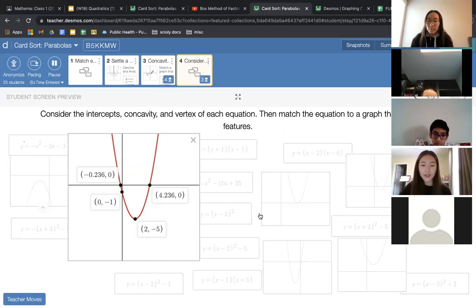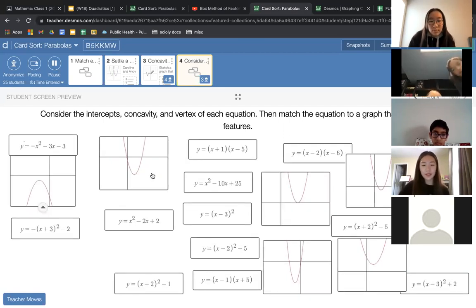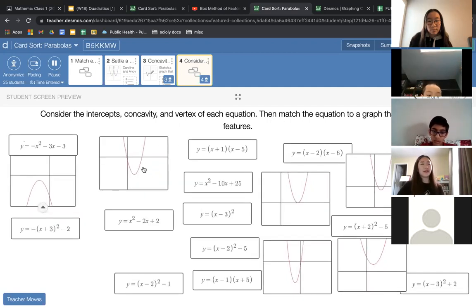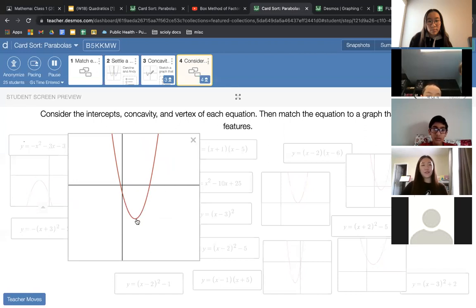So if the vertex is, we learned about it like h, k and things in the vertex form. So I see one that you can see right away. I don't want to give it away, but if it's 2, -5, then in vertex form, parentheses x minus h, close parentheses squared plus k.